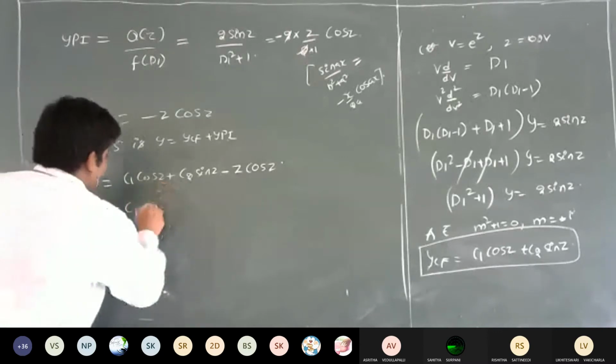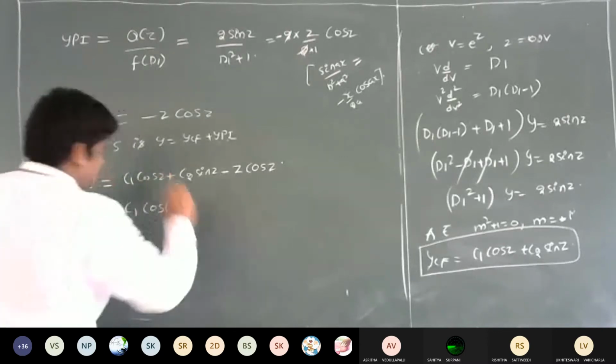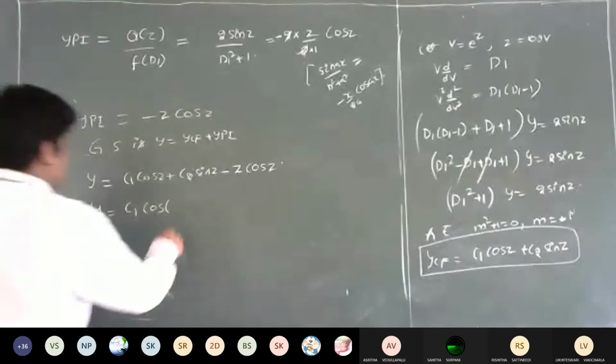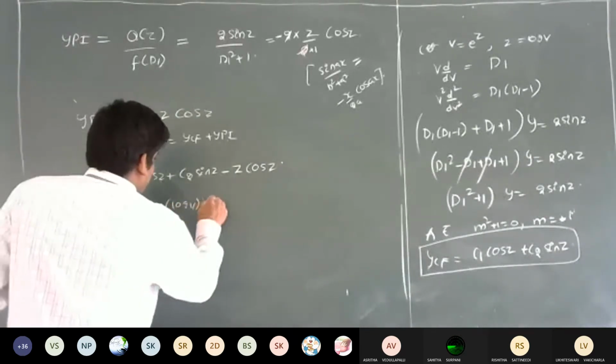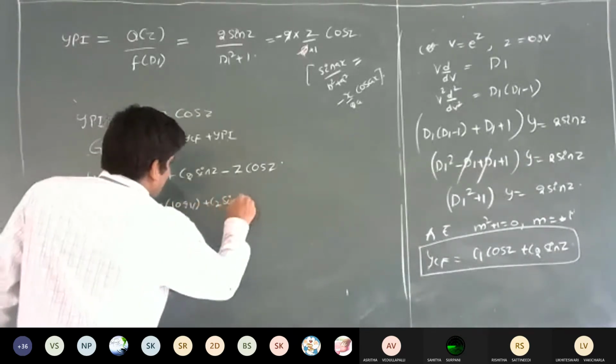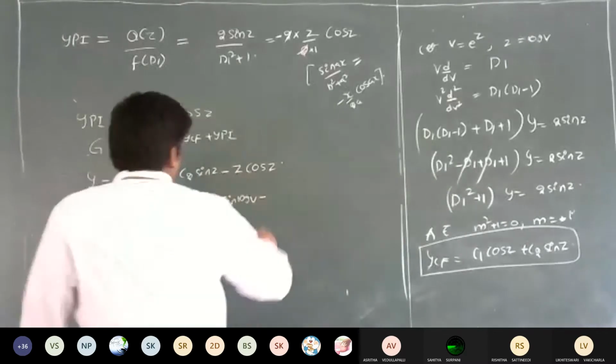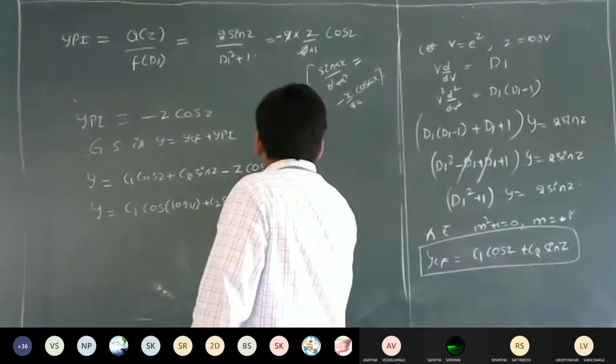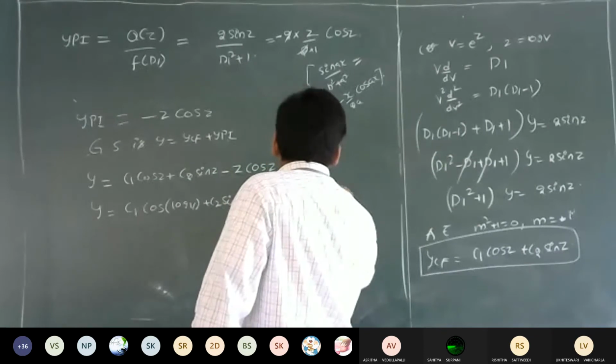So what is z? Log v, sir. Yes, very good. z is log v, so y is equal to C1 cos of log v plus C2 into sin of log v minus z, which is log v, into cos of log v.